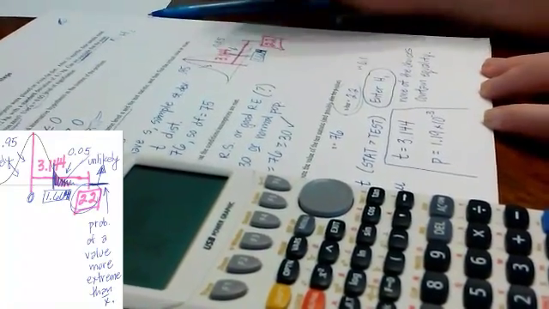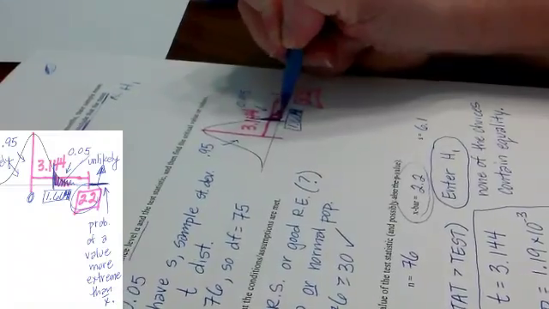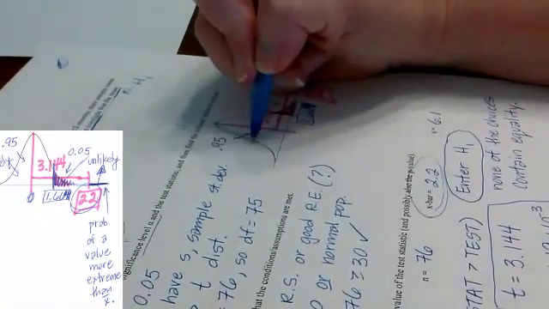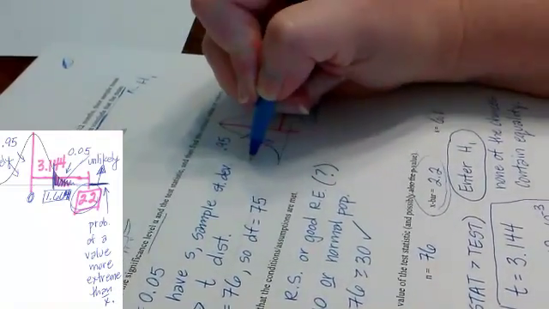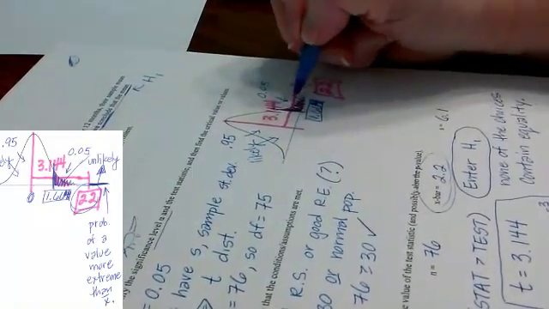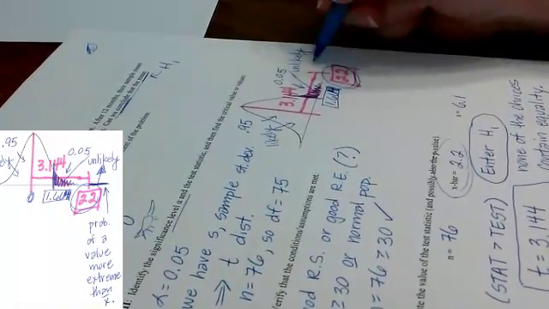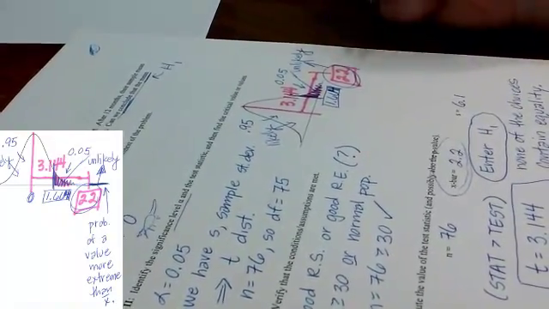This value. So anything bigger than my critical value, I'm going to reject. Anything on this side, these are the things that are likely to happen if the null hypothesis is true. Anything over here is unlikely to happen if the null hypothesis is true. So 2.2 is unlikely.